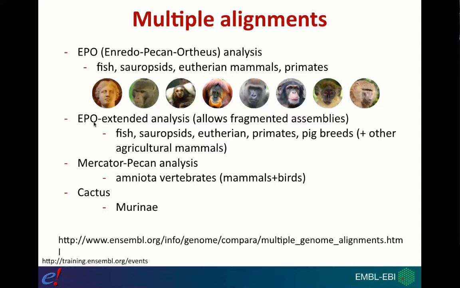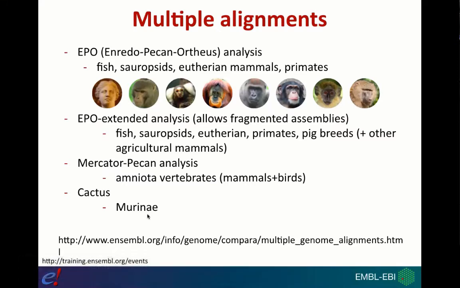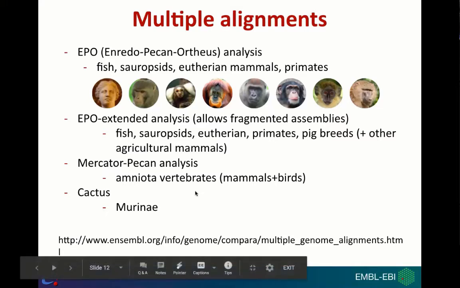We also perform an EPO extended analysis across even larger sets of species that are a bit more distantly related. Then we also have the Mercator-Pecan pipeline that performs whole genome alignments across the amniotes, so the mammals and the birds essentially, the amniotic vertebrates in Ensembl. And then we also use Cactus as a multiple whole genome alignment across the Murinae species, so the mouse strains and other related mouse species.